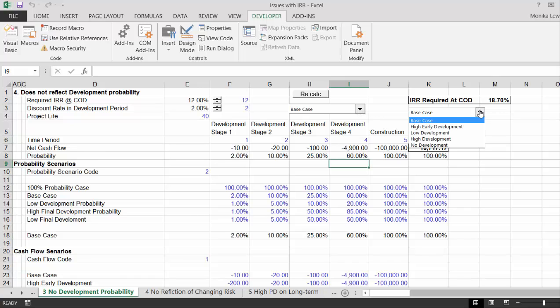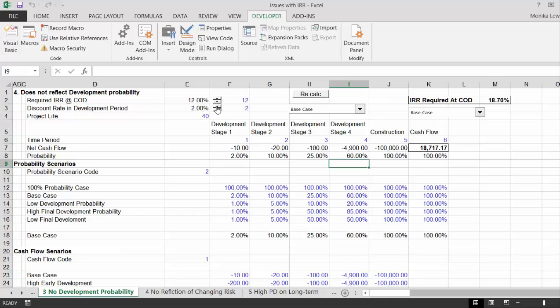If instead we had high early development, we need 118% IRR to cover all of our development. If we have low development costs, we have different ones. High, no development, we need our basic 12% IRR assumption. That's how it's all kind of working.